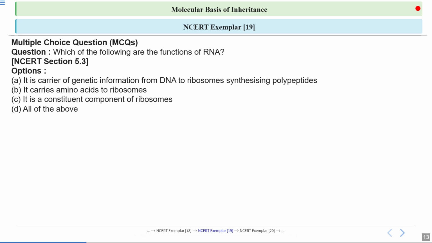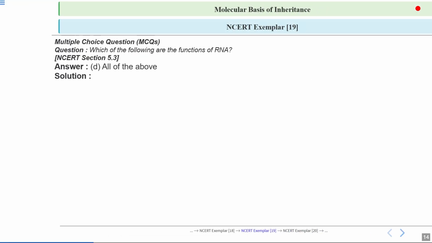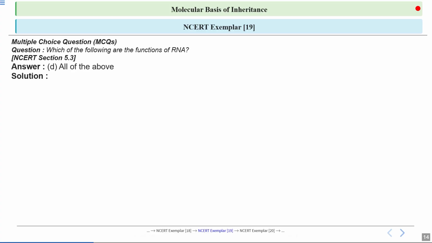Option C, it is a constituent component of the ribosome, and option D is all of the above. What would be the correct answer? Option D, all of the above. This is the right answer.